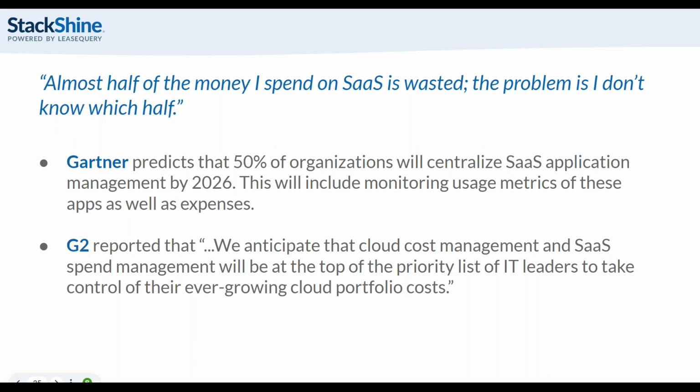And G2 is reporting that they're anticipating that cloud cost management and SaaS spend management in particular will be at the top of the priority list for IT leaders that need to take control of their ever-growing cloud portfolio costs. I don't think this is a conversation that's foreign to anybody that's on this call today or anybody who's been responsible for managing SaaS in your business over the past year. If there really is a sincere focus on getting these costs under control.